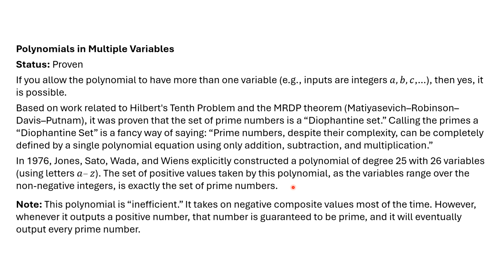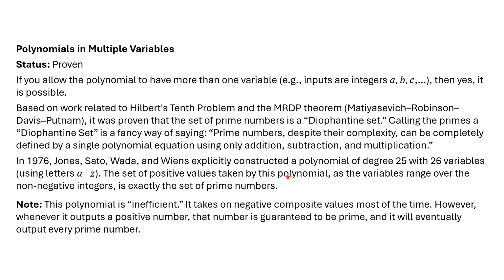So that's pretty amazing. Now, the downside to this is that the polynomial is inefficient. It takes on negative composite values most of the time. However, whenever it outputs a positive number, that number is guaranteed to be prime, and it will eventually output every prime number.